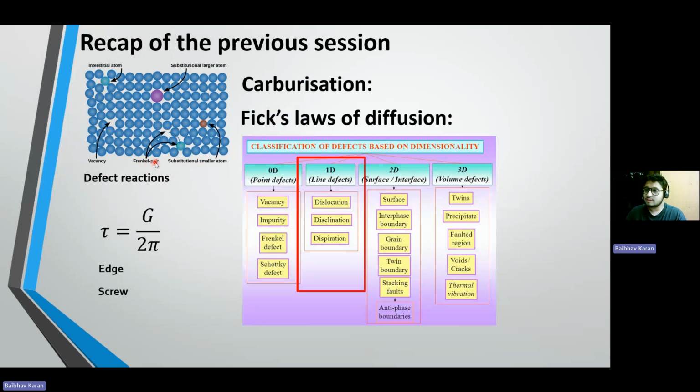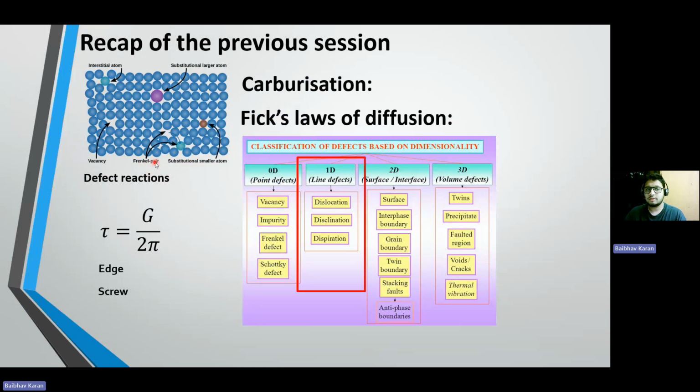Then we discussed one-dimensional defects. If the point defects spread across a line, they are known as line defects. The examples of line defects are dislocations, disclinations, and dispirations.